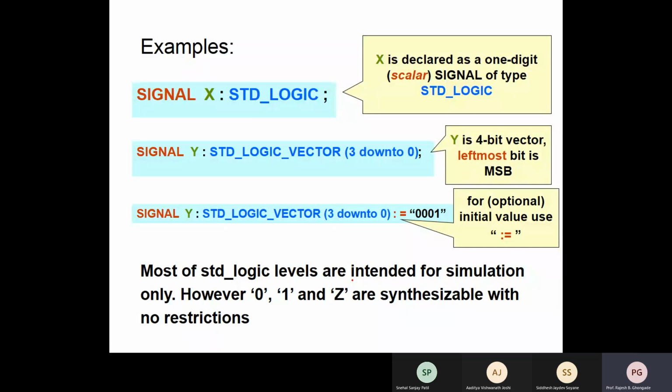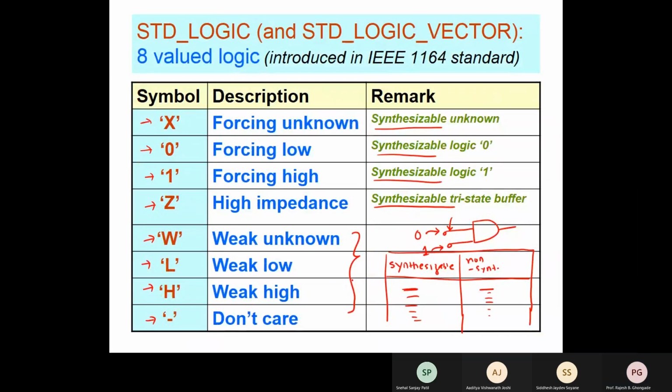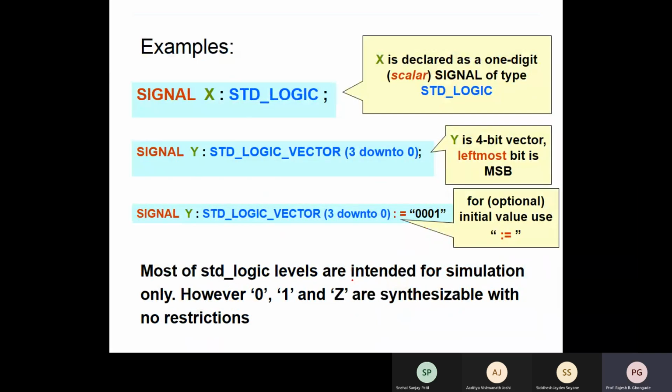Okay, so this is the example of std_logic type. Signal is again the class, and the object name is x. So x is declared as a 1-digit scalar signal of type std_logic. So once it is declared as std_logic, it can take any of these 8 values. In a similar way, you have the declaration of std_logic_vector. So this is a 4-bit bus again.